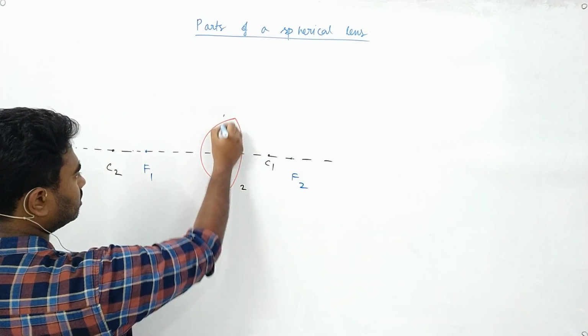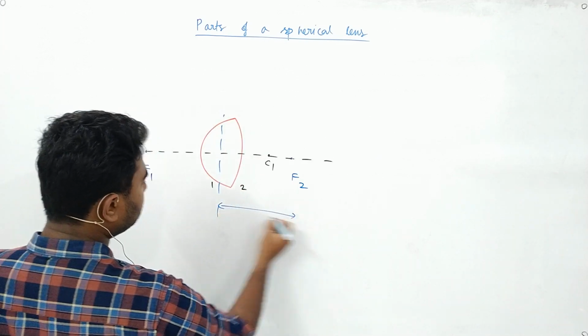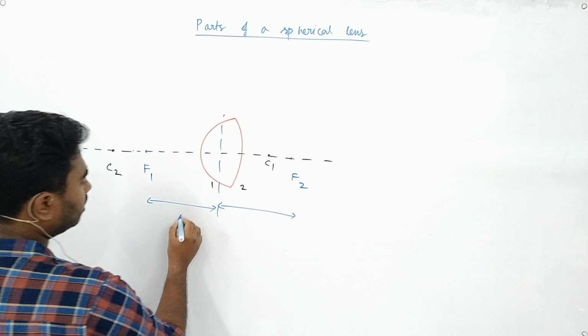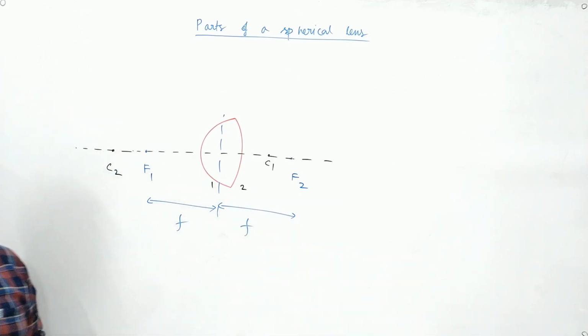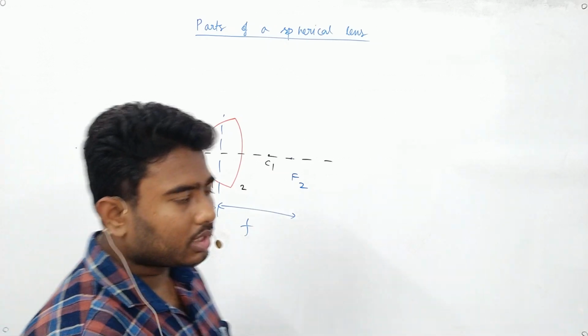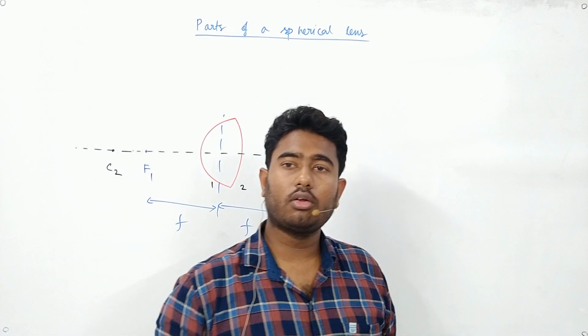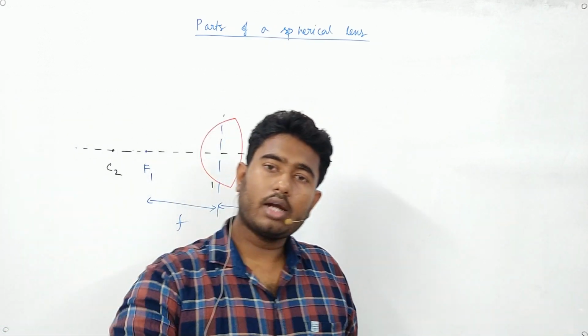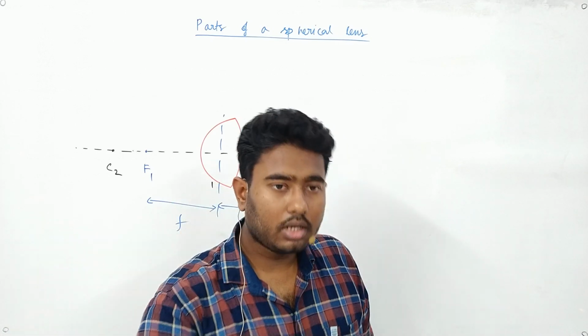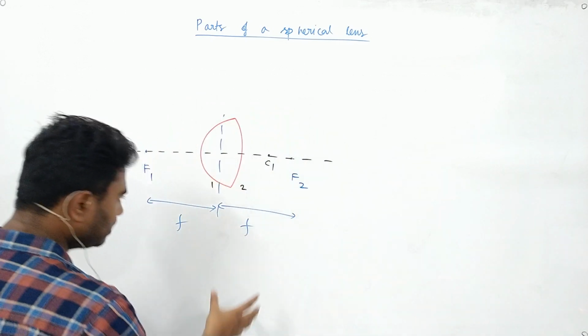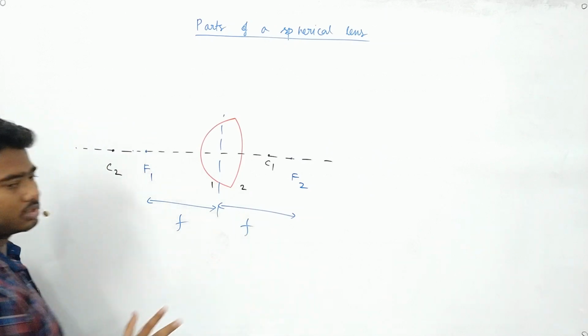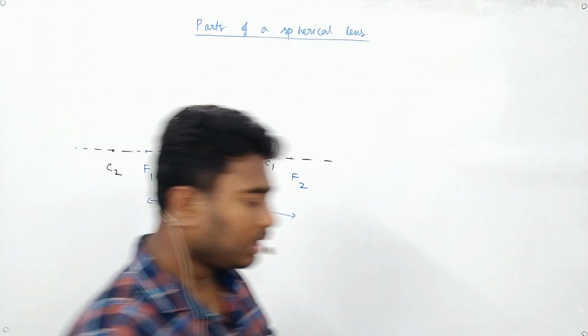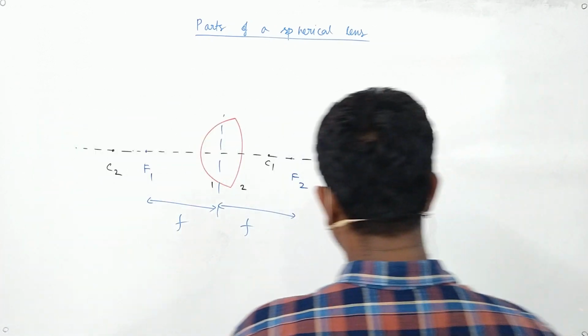The distance from the middle of the lens to F1 and F2 is the same. Is the concept clear? So it doesn't matter whether the centers of curvature are different or not, the focal length is the same for a lens. Tell me all of you, is this concept clear to you?